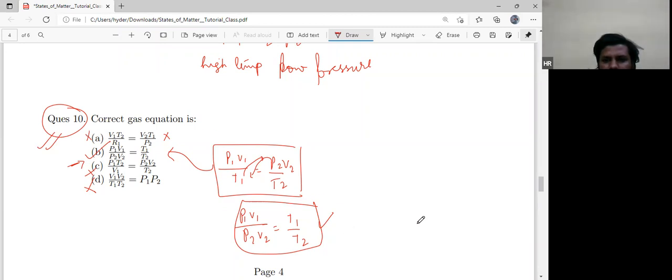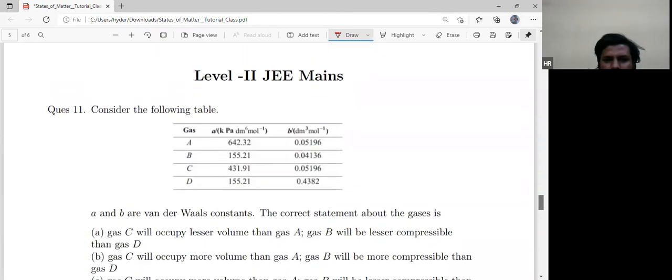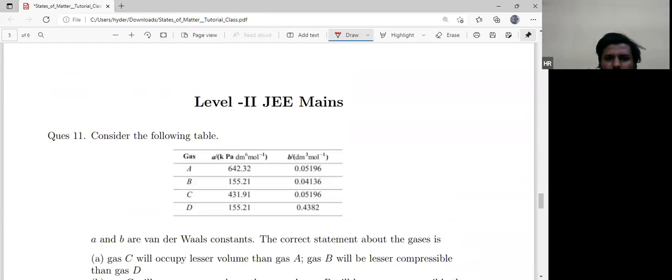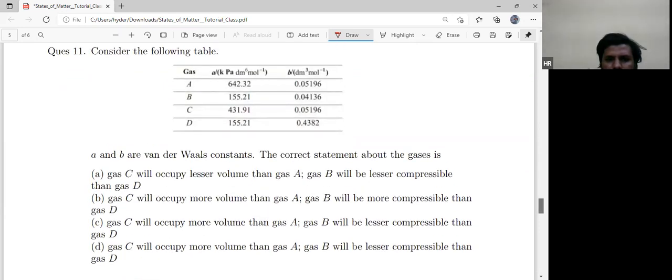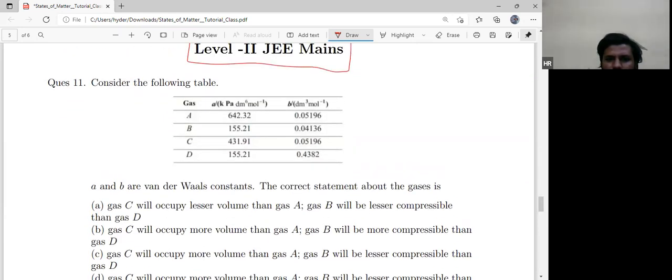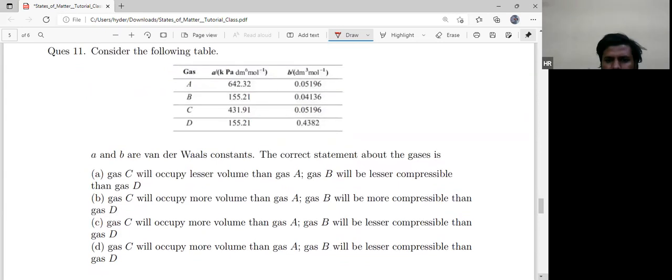Done, everyone? Yes. Okay. Then moving to level 2, which is Jaimen's. This question is very good. Wait. Yes.